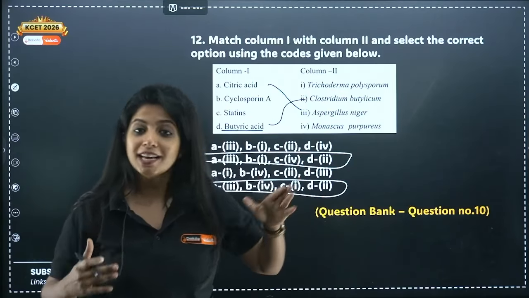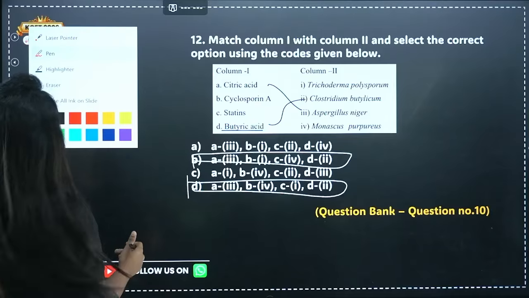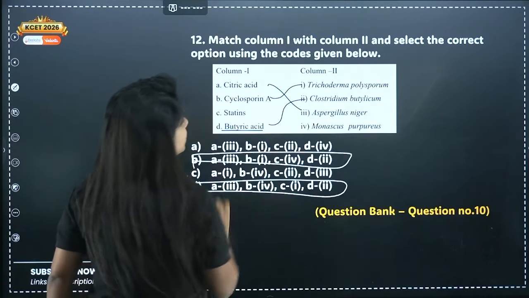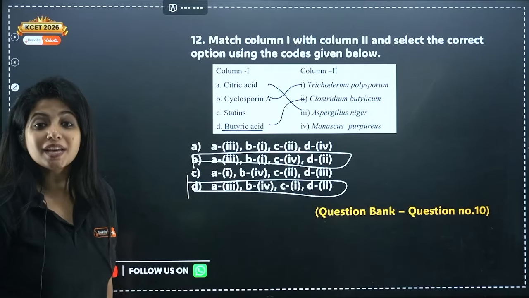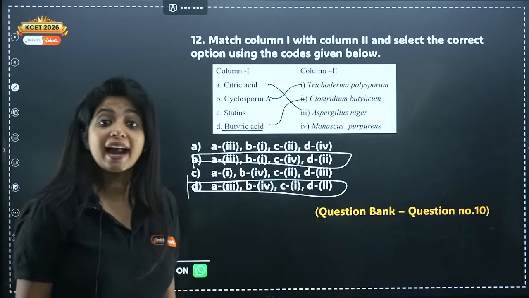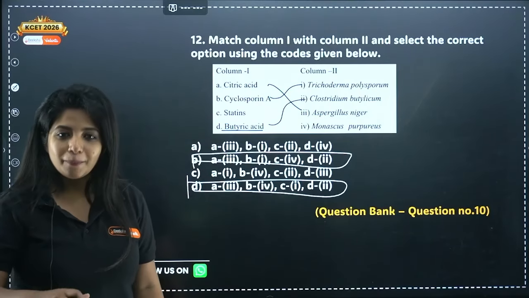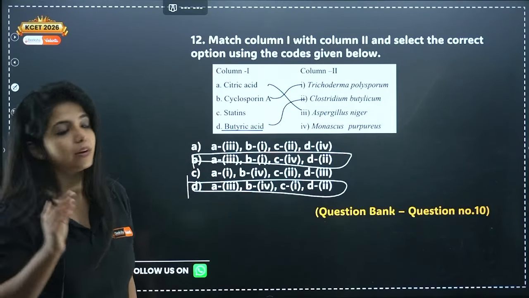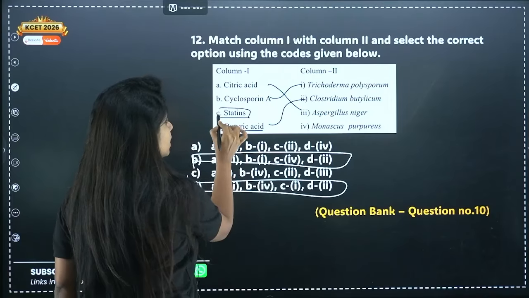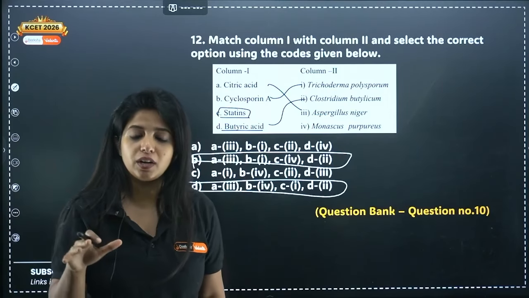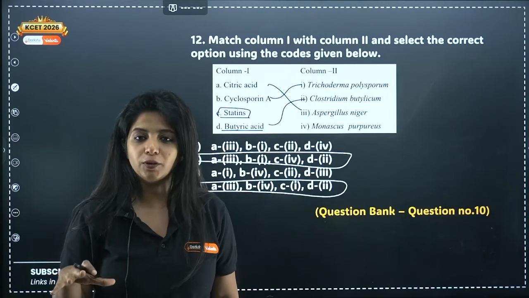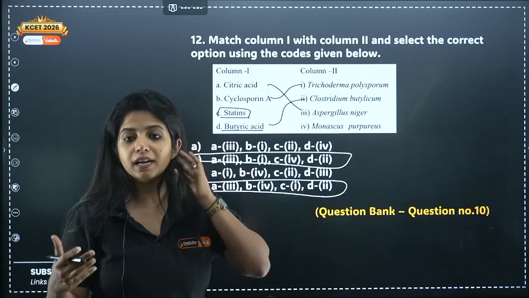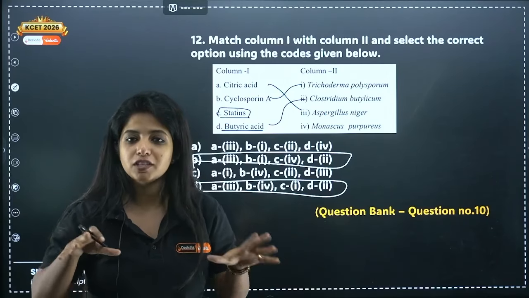Cyclosporin A is produced by a fungus, Trichoderma polysporum. This is an example of a bioactive compound. Please remember it. And statin is there for stabilizing the blood cholesterol level, or basically lowering the blood cholesterol level. I always remember stabilizing because stable, statin, all of it sounds similar.